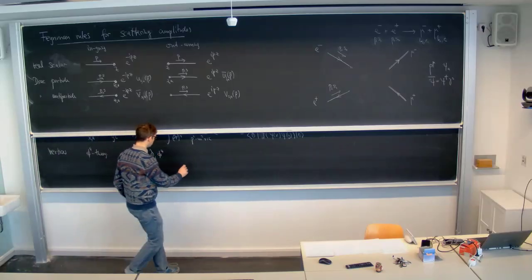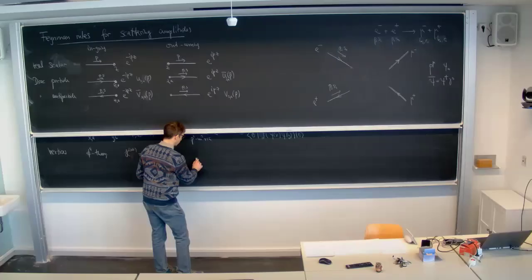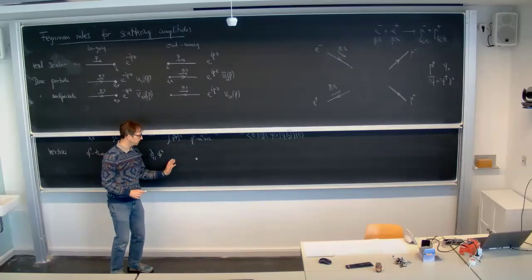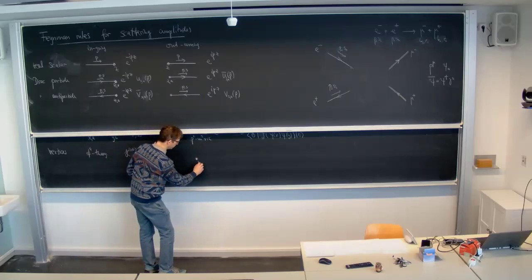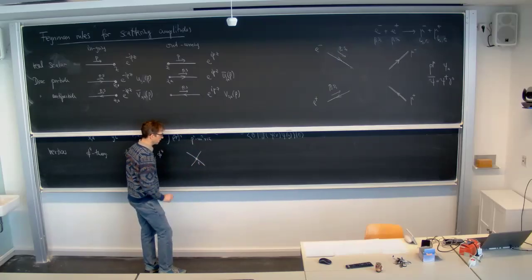That means we have 4 fields, all at the same position, and then we can connect to it. Say this is my internal point Z, and there are 4 fields, so there are 4 lines coming out.